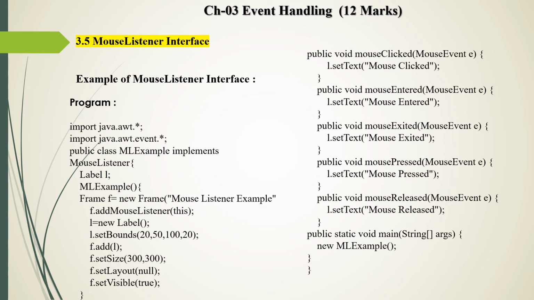Then last we define the main method, public static void main String args, and inside the main method we create one object of our class MLExample. So this is a simple program to show how the mouse listener is implemented in your program.